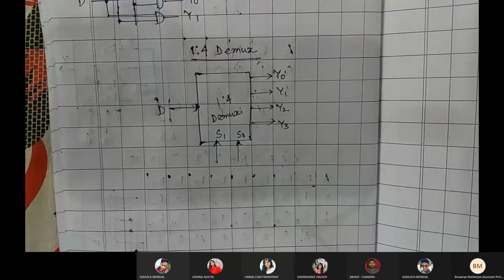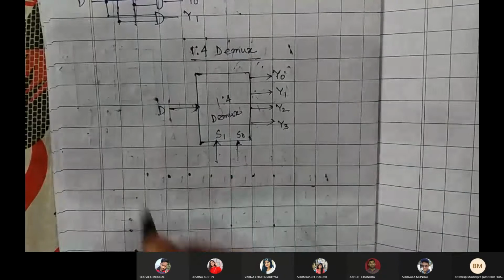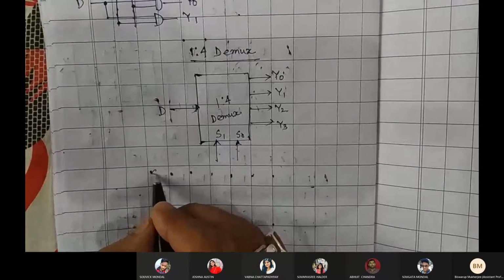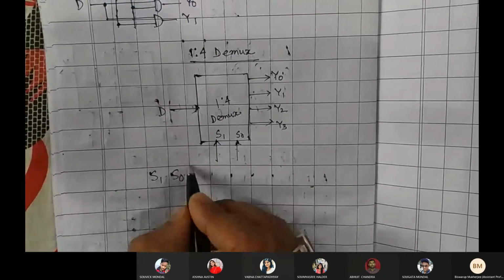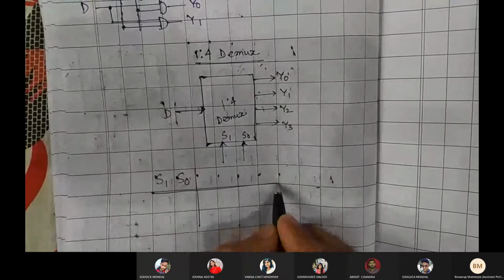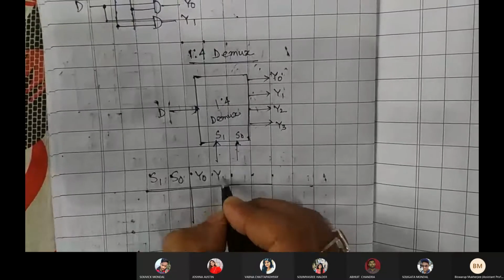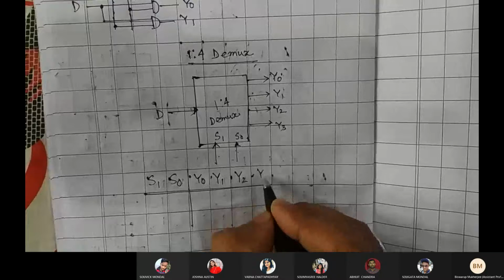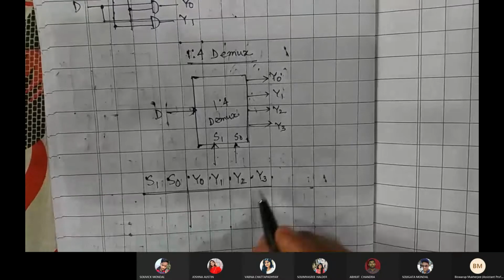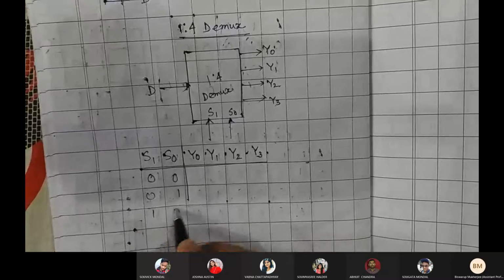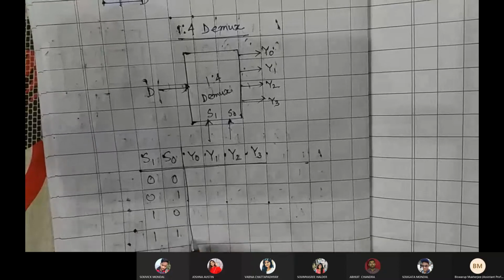any one of the outputs. If these are 0, 0, so that means the truth table can be written like this: S1, S0, and 4 outputs Y0, Y1, Y2, Y3. These are the 4 outputs you can have: 0, 0, 0, 1, 1, 0, 1, 1, right?